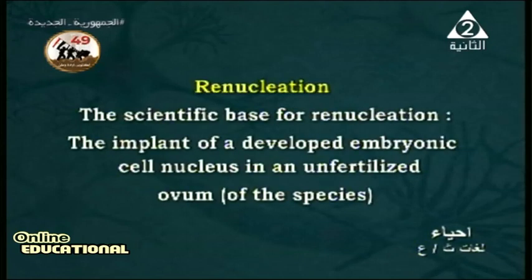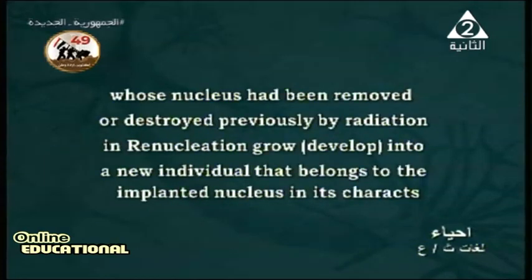Number 2, how to produce a baby by renucleation. The scientific basis for renucleation is the implant of a developed embryonic cell nucleus in an unfertilized ovum of the species whose nucleus has been removed or destroyed previously by radiation.